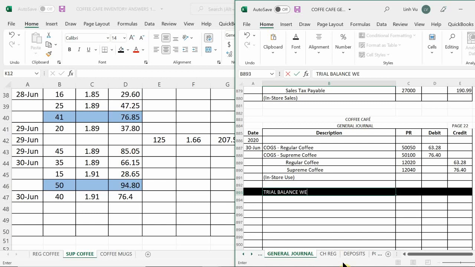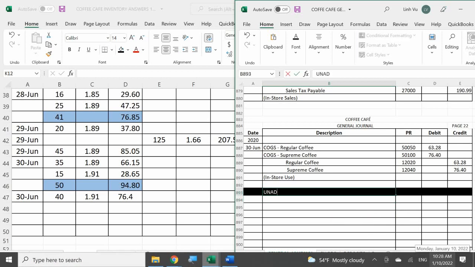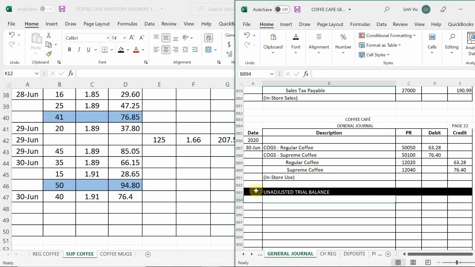Trial balance week 5. Or we call this the unadjusted trial balance. Because we're at the very end, we still have to do our adjustment entries, which is going to be the next step after we complete our unadjusted trial balance. But it's just a good way to keep yourself organized and to make sure that you're completely done with this day. So there you go. I put that there. And I'm going to save this.